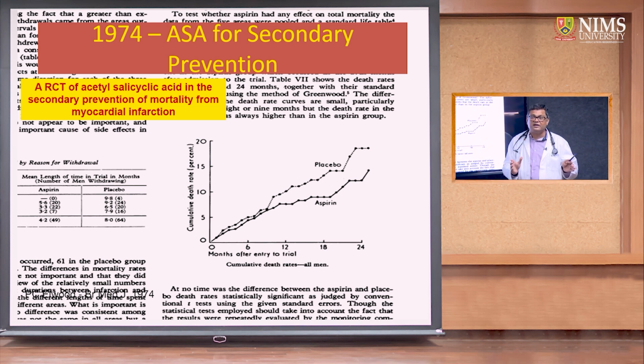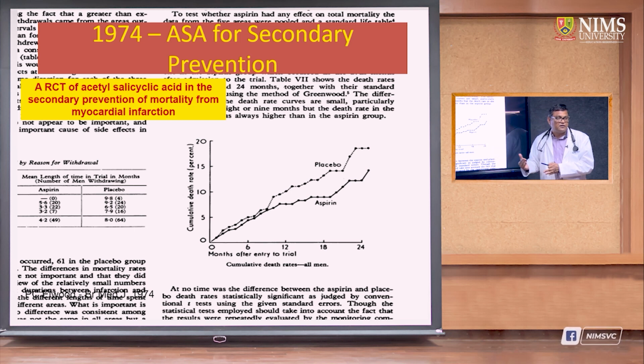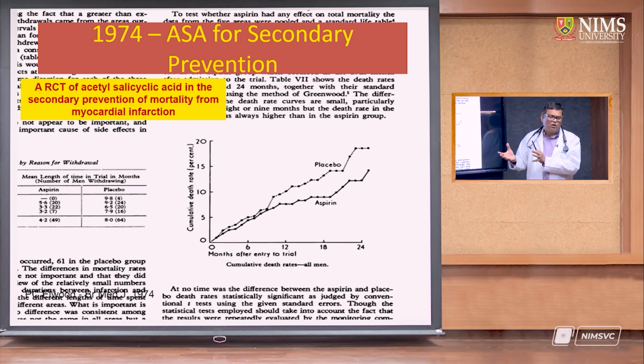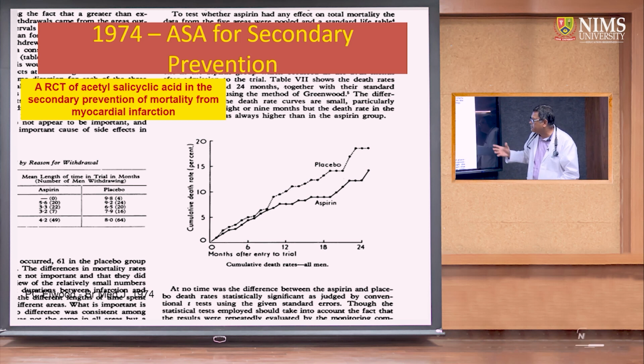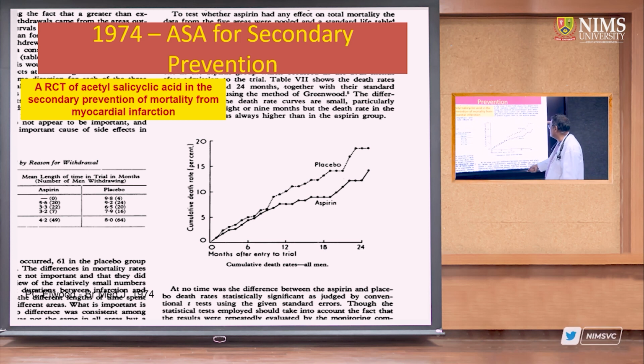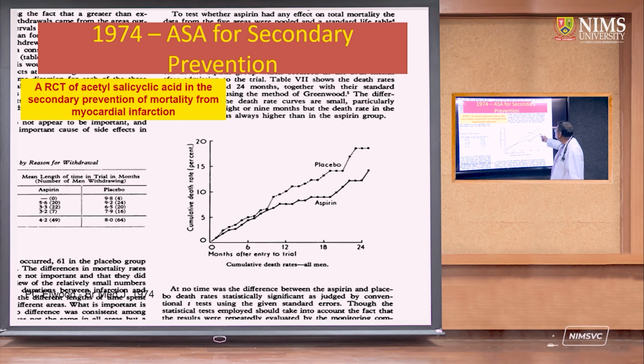So from 30% it came down to 15%, just with aspirin, just one drug. It could reduce the mortality by 50%. So this is one of the RCTs which showed that there could be a huge mortality reduction.